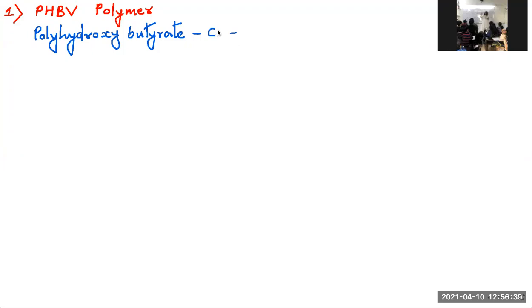This co, is it cobalt? No. Or carbon monoxide? None. What is it? Carbon monoxide? No. Then what is it? Copolymer.